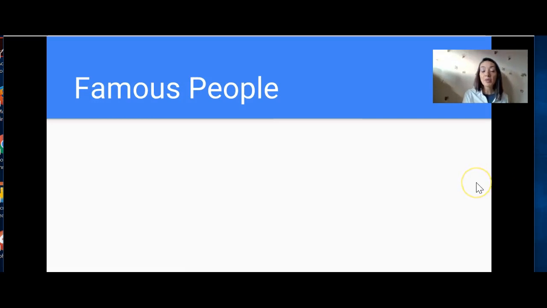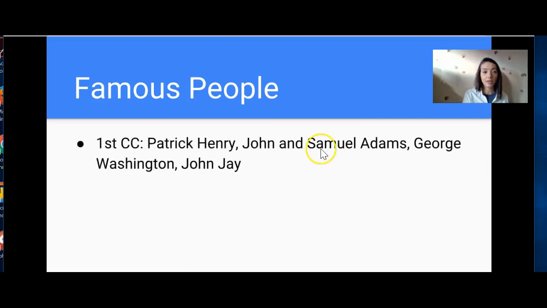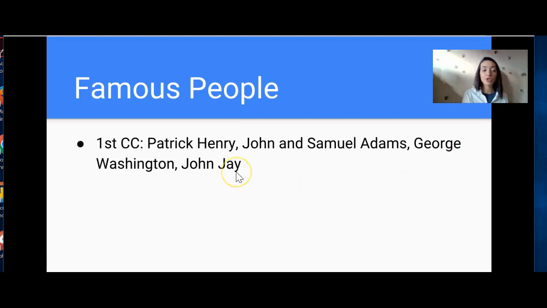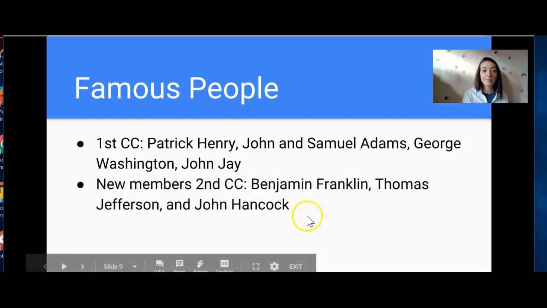Okay, famous people that were involved in the Continental Congress. So I abbreviated Continental Congress with a CC. So in the first one, who's heard of Patrick Henry? Anybody? How about John Adams or Samuel Adams? George Washington? Have you guys heard of him? Or how about a person named John Jay? Okay, all of these famous men were involved in the First Continental Congress.